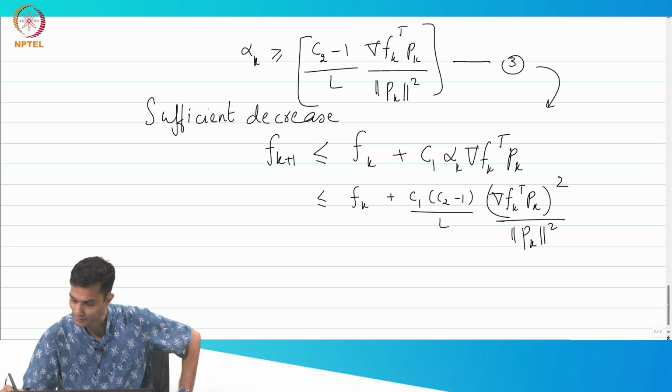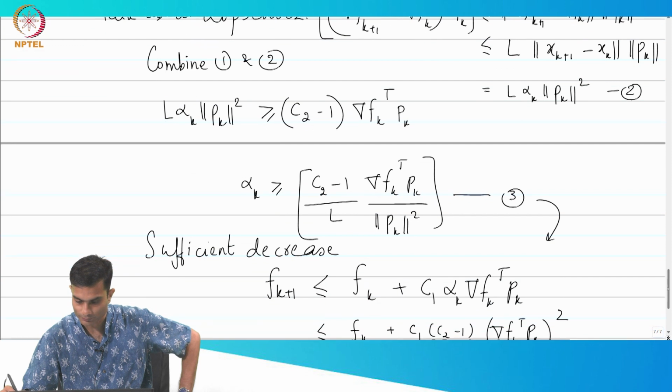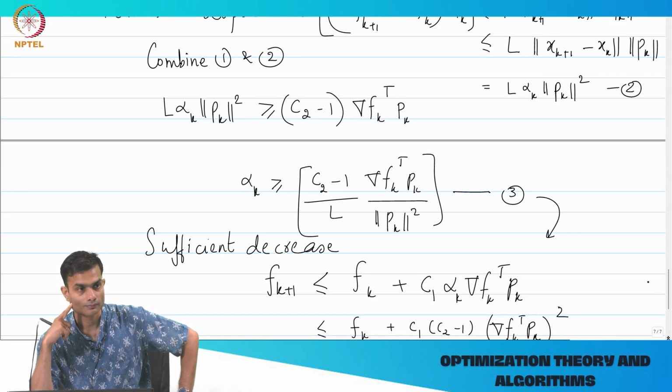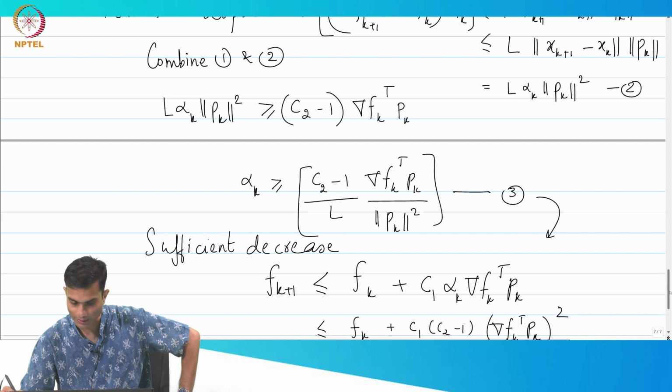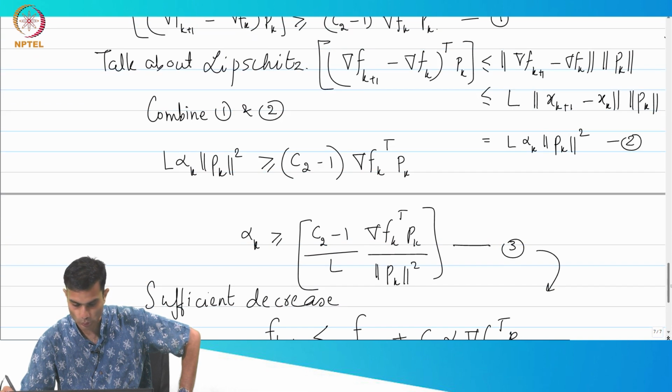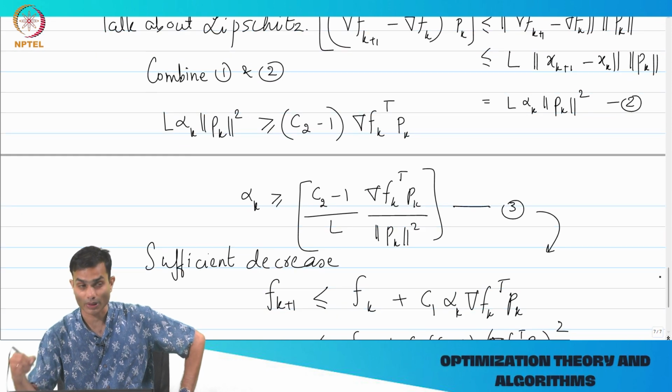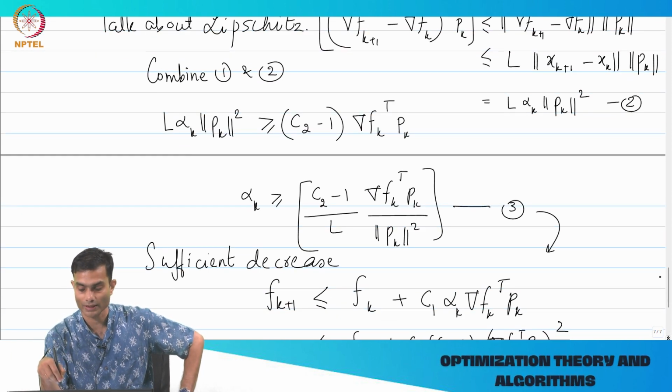Did we make a mistake in the third inequality then? It looks correct to me. When I combine 1 and 2, this is exactly what I got. Actually, one quick question: this term on the right hand side of 3, is it a positive number or a negative number?